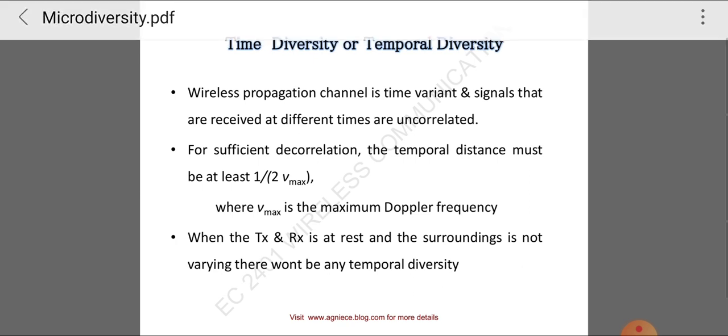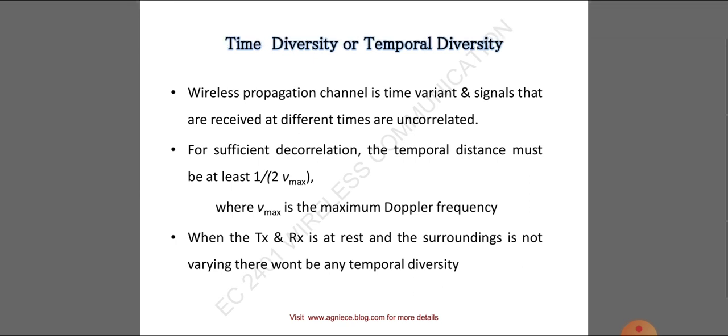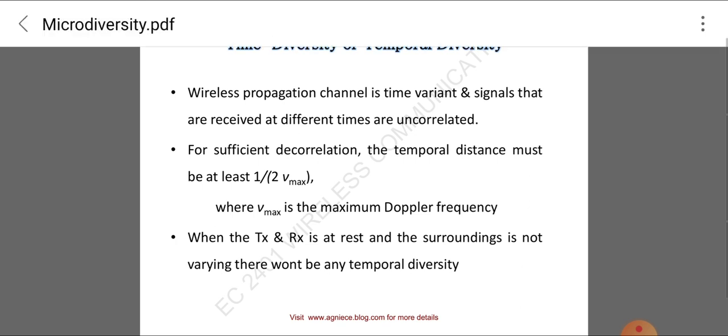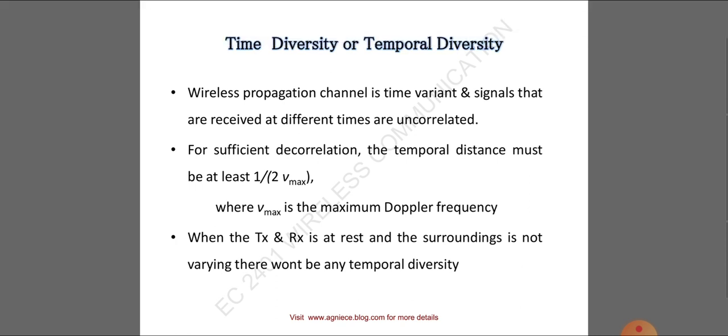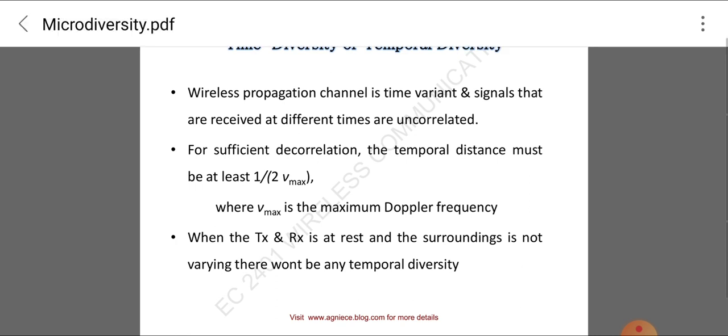Since the wireless propagation channel is time variant, the signals that are received at different times are uncorrelated. The main condition to be noted in the diversity technique is that the signals which are received using multiple antennas, the signals which are coming through the different communication channels, must not be correlated with each other.